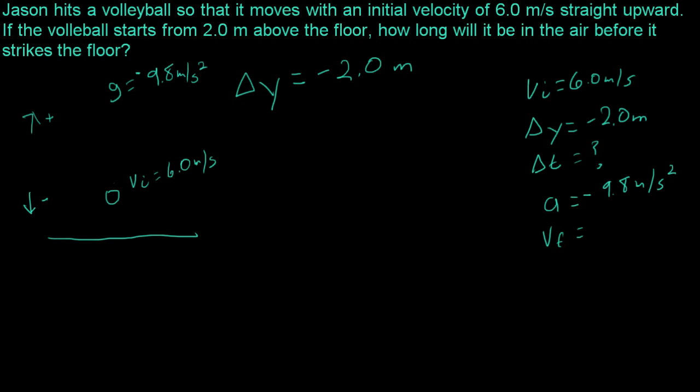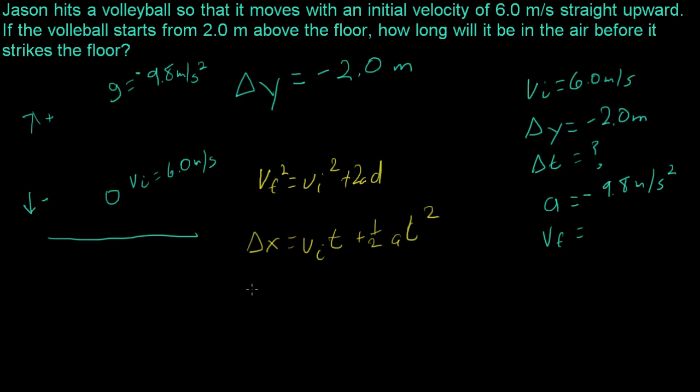Alright, so I'm trying to model appropriate problem solving here. I start out by drawing a picture just to understand the situation, and then I listed all my knowns and my unknowns, because we have two unknowns right now. And so now let's go ahead and write down all of the equations that we can remember. So we've got vf squared equals vi squared plus 2ad. Okay, we've got delta x equals vi t plus 1/2 a t squared.